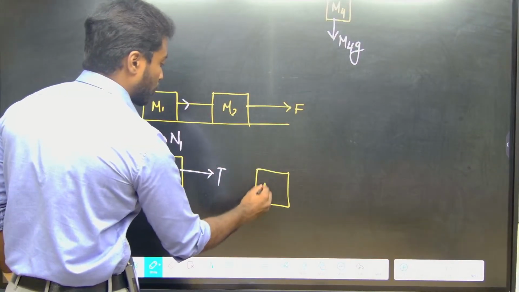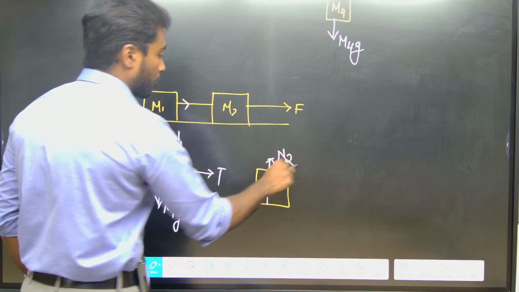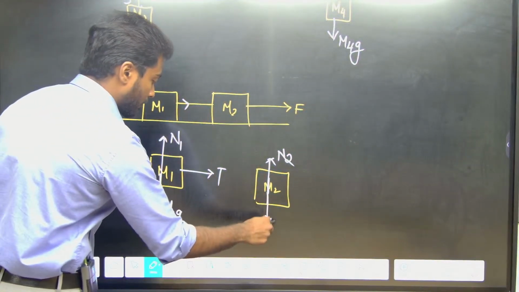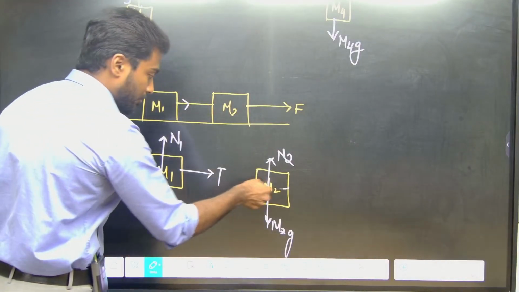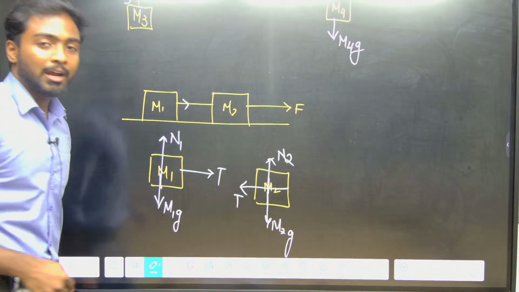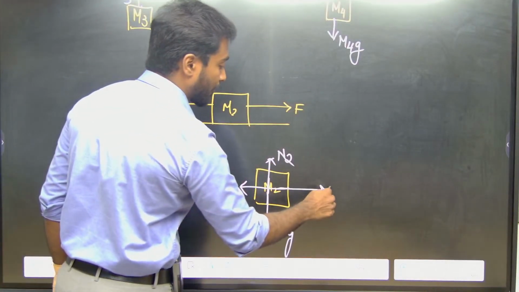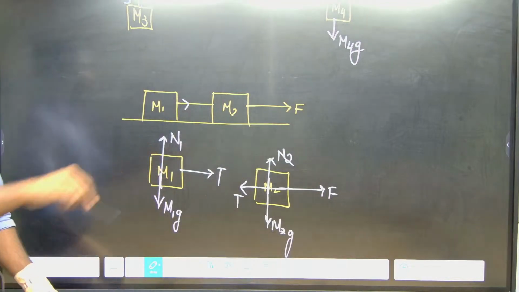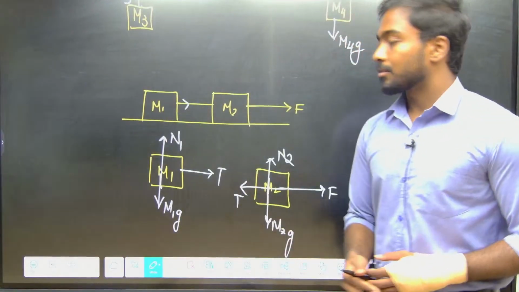A normal force will be there, N2, and weight will be there, M2G. And yes, the tension will be acting away from the body. And one more force, they have given an external force, that is F. So this is how you will draw the free body diagram for these conditions. Got it?